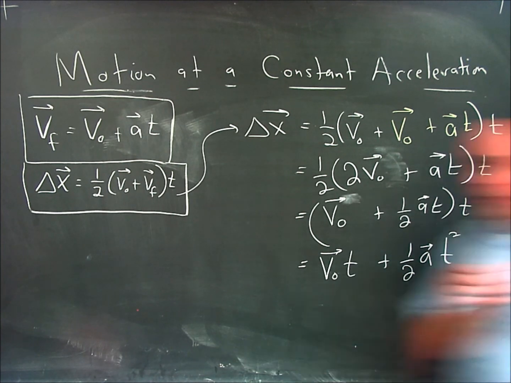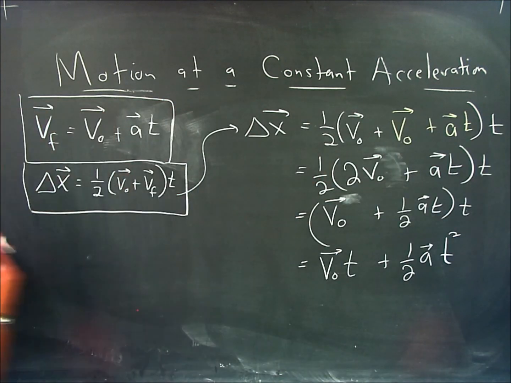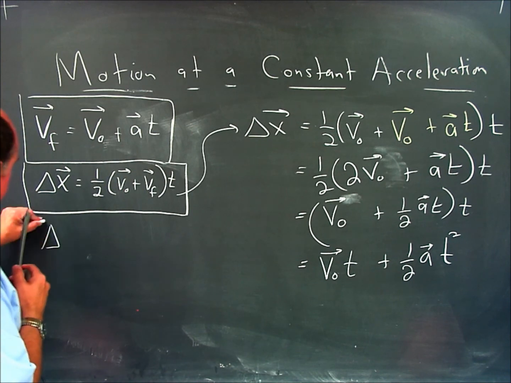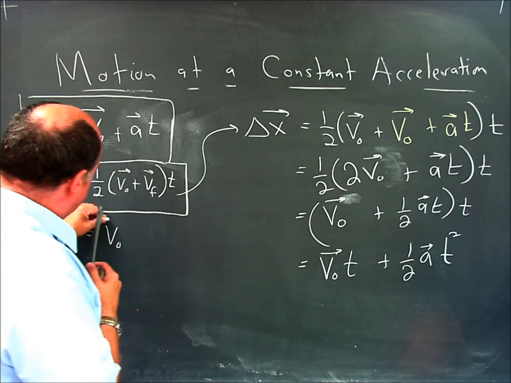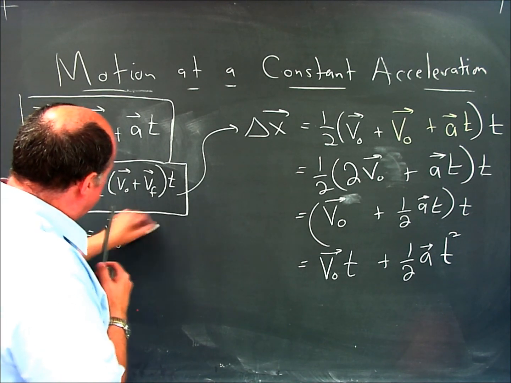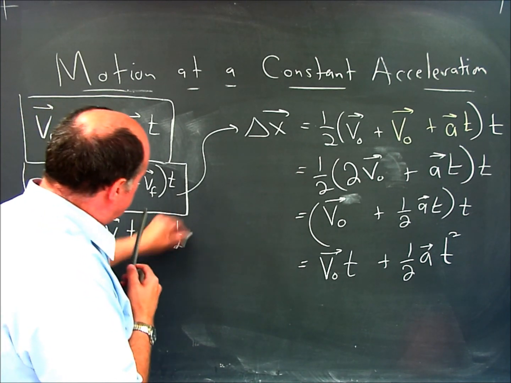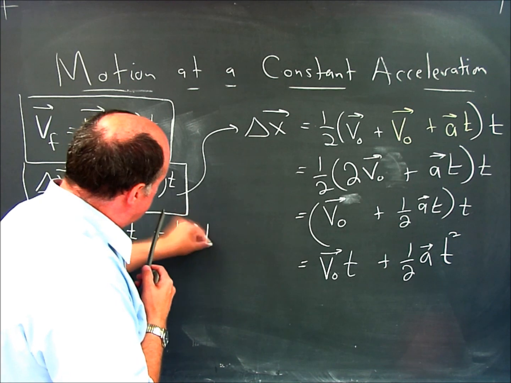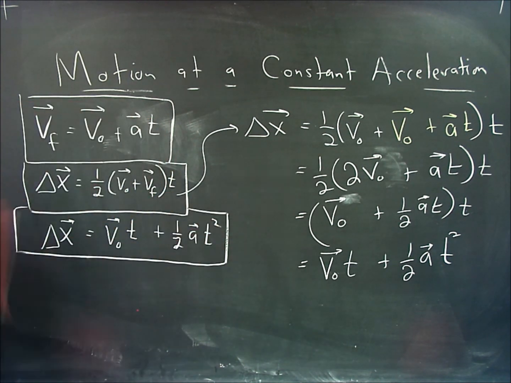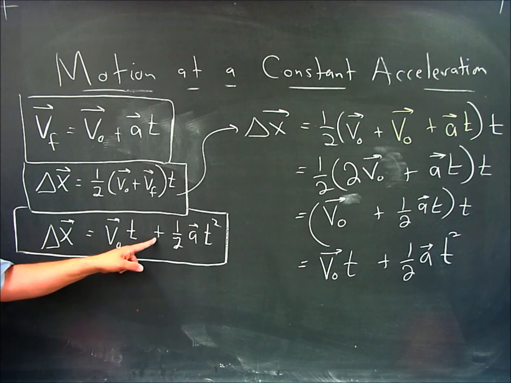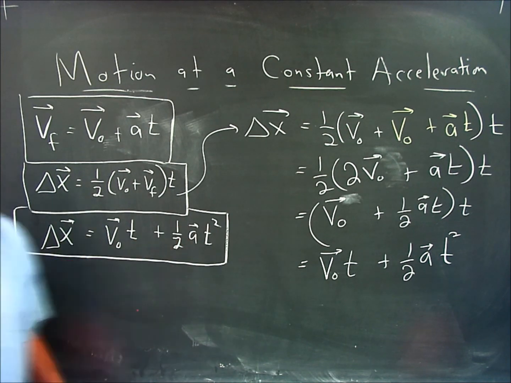So that formula is showing us delta x equals v initial t plus 1/2 a t squared.